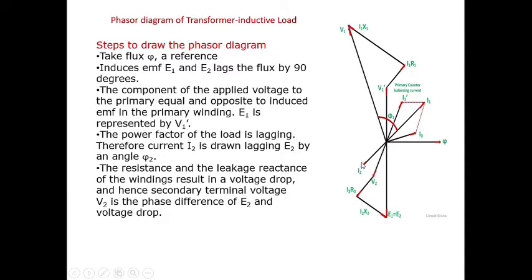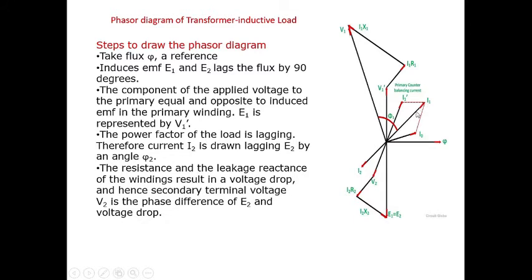The resistance and leakage reactance of the windings result in a voltage drop, and hence the secondary terminal voltage V2 is the phasor difference of E2 and the voltage drop. Here these are the voltage drops I1 R1 and I1 X1. How will the voltage drop I1 R1 be drawn?